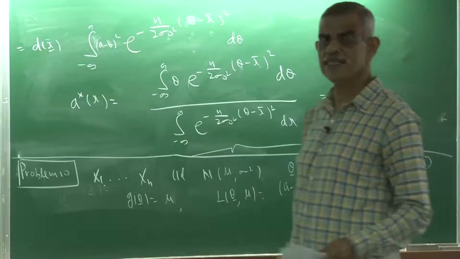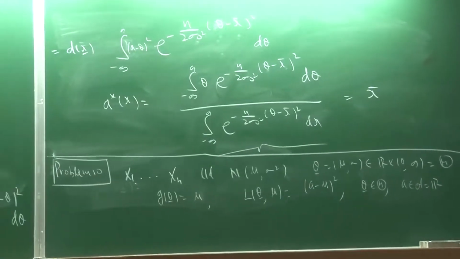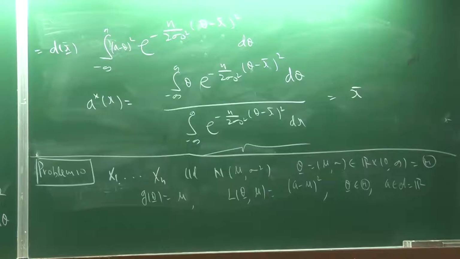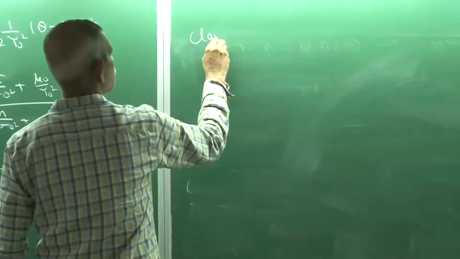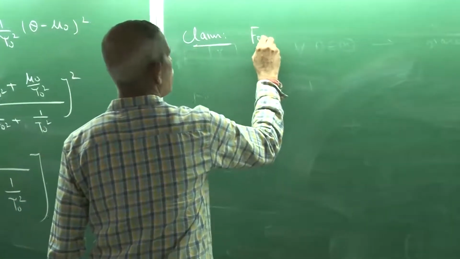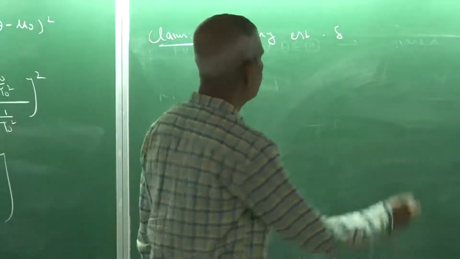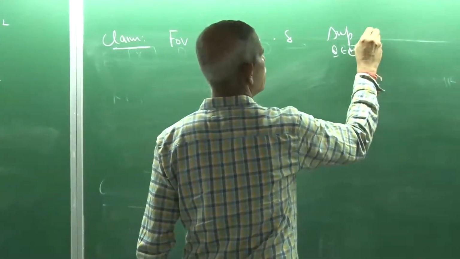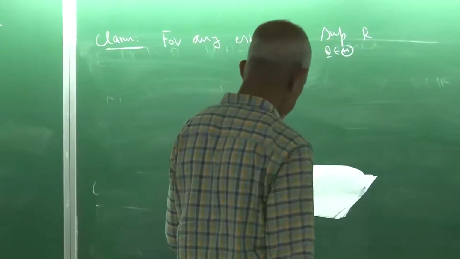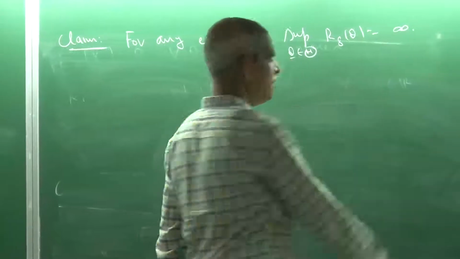What you have to show is that for any estimator, the supremum risk is infinite. Can I use this fact? Yeah, I can use this part. So my claim is for any estimator delta, supremum over whole theta of R(theta, delta) is infinite.